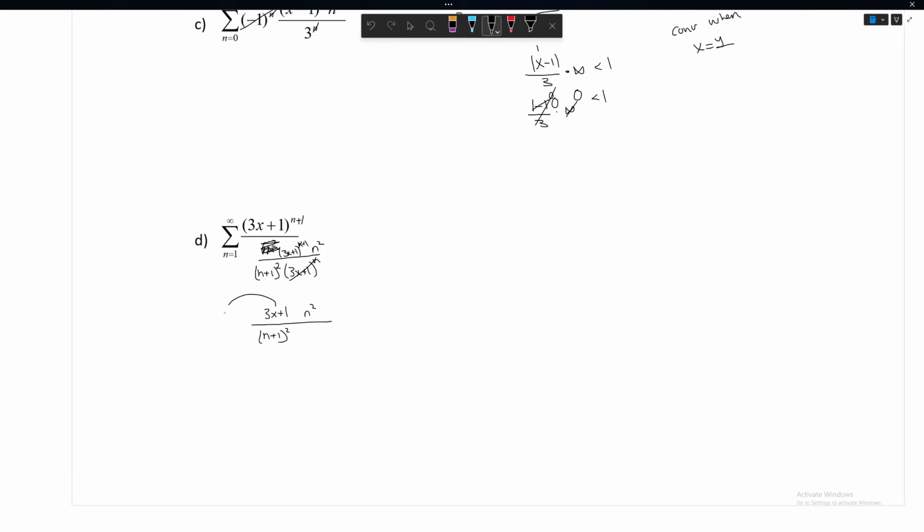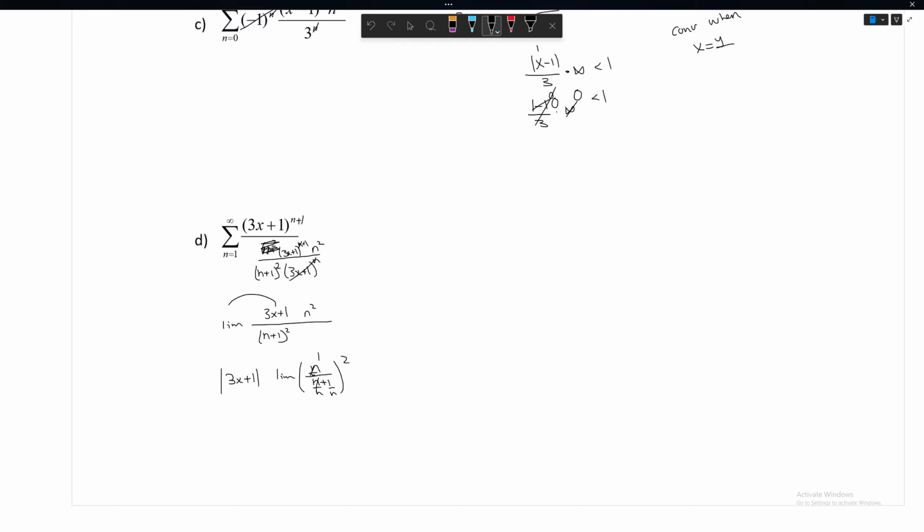You can take this out of your limit, right? So you'll get 3x plus 1 absolute. And then you get n squared over n plus 1 squared. So I can rewrite this as n over n plus 1, all squared. Obviously, divide by n, divide by n, divide by n.